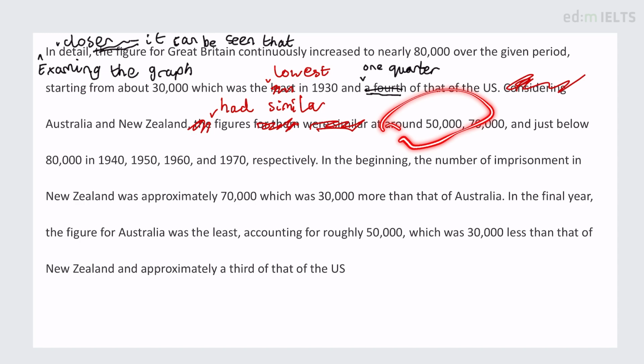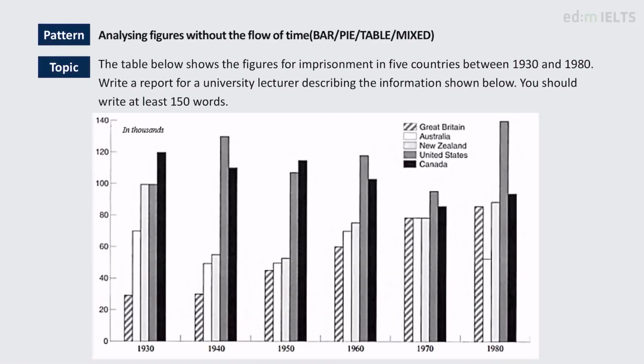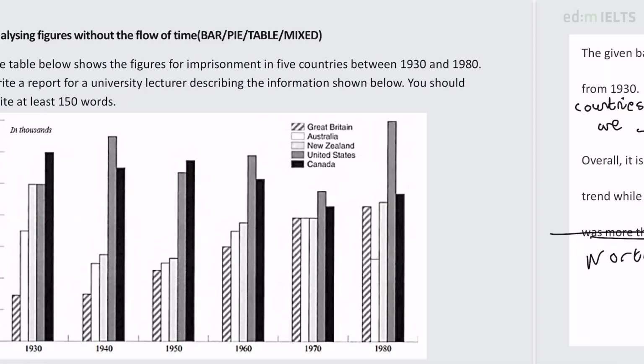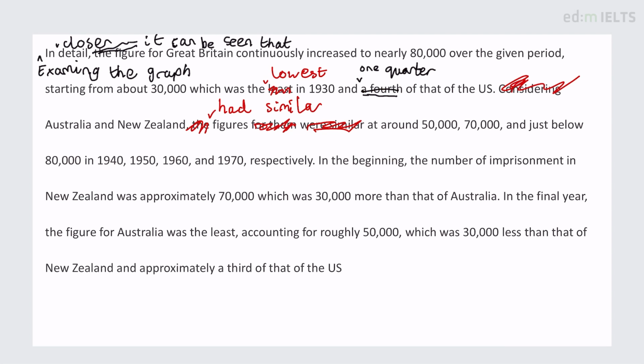So 50,000, what is that? Is it 1940? Let me check that. So Australia and New Zealand, around 50,000, 70,000, and just below 80,000.